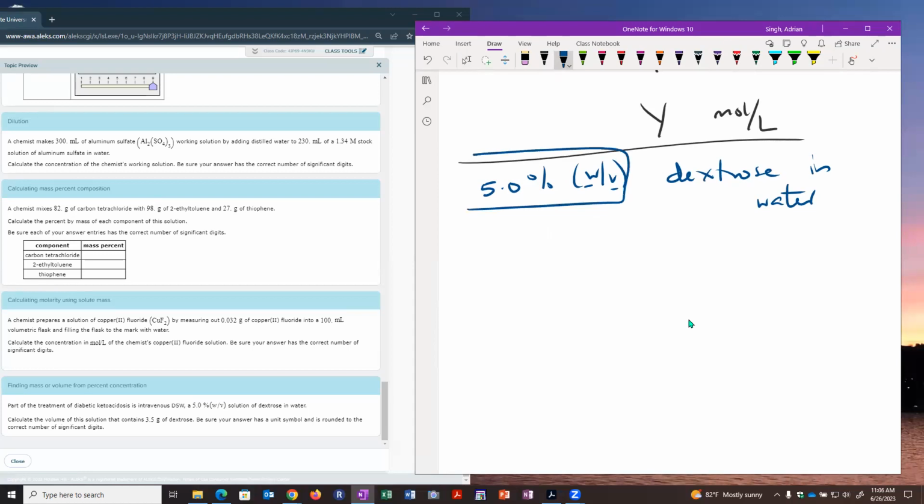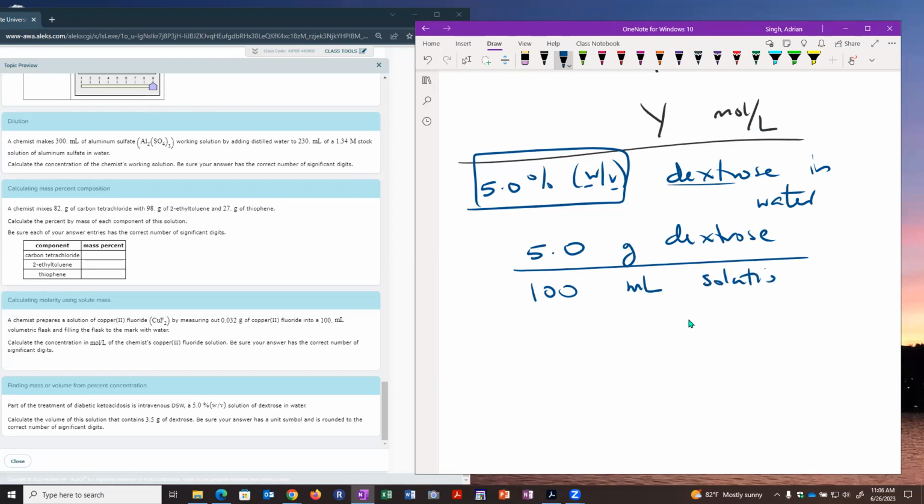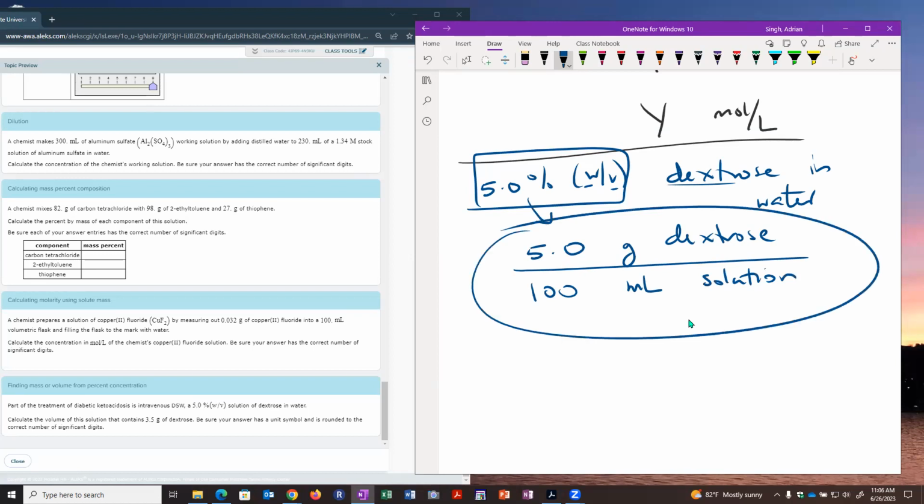And this then suggests that we have 5.0 grams of the solute, which in this case is dextrose, just regular old blood sugar, for every, remember, percent is out of 100, so for every 100 mL of the solution. That is what the percent concentration actually means. And going from this to that relationship is very important because it actually helps you solve this problem.